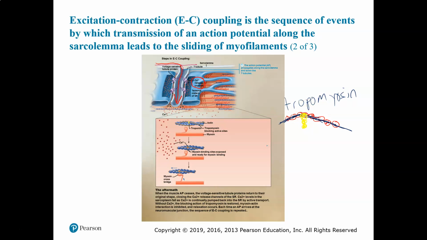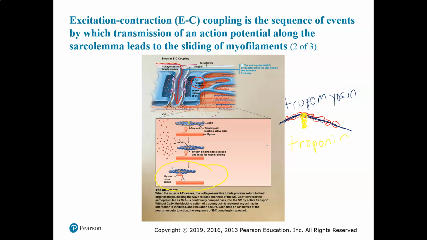The calcium moves the troponin out of the way, which lets the tropomyosin uncover those active sites. And once those active sites are uncovered, myosin filaments are able to attach to the active sites on the actin, and a contraction can then occur.